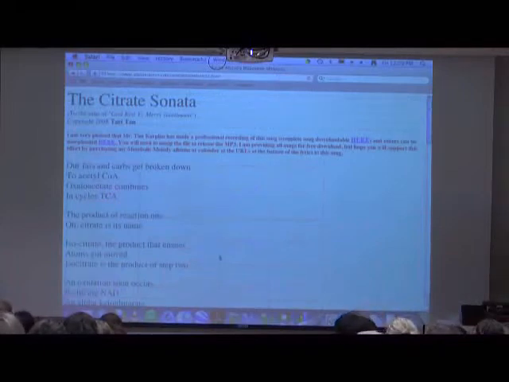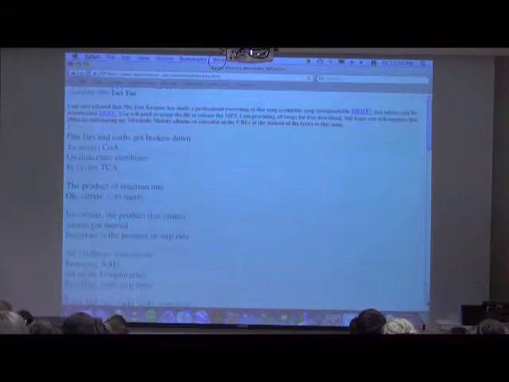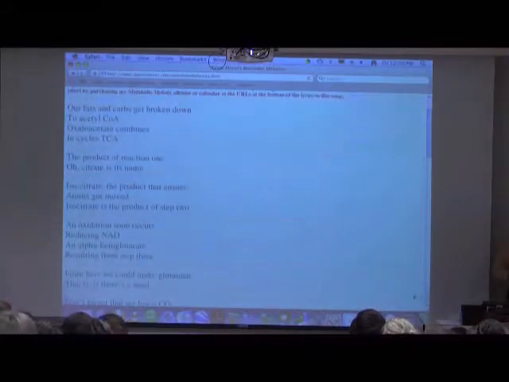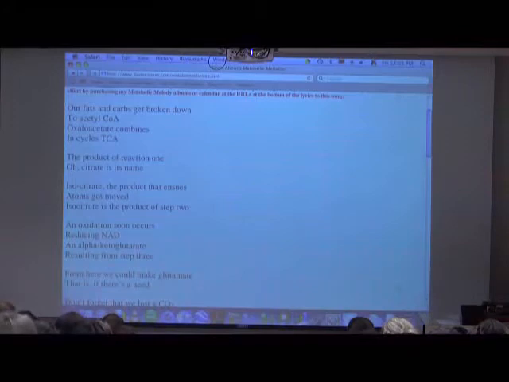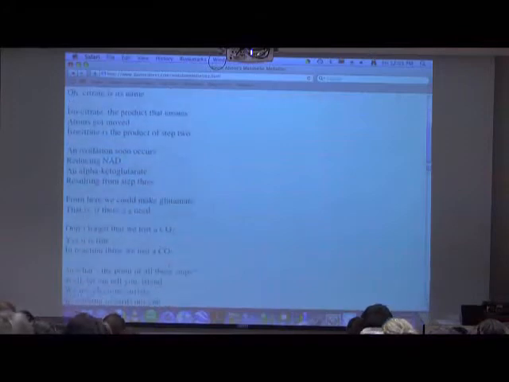Our fats and carbs get broken down to acetyl-CoA. Oxaloacetate combines in cycles TCA. The product of reaction 1, citrate is its name. Isocitrate, the product that ensues. Atoms got moved. Isocitrate is the product of step 2. An oxidation soon occurs, reducing NAD, and alpha-ketoglutarate resulting from step 3.